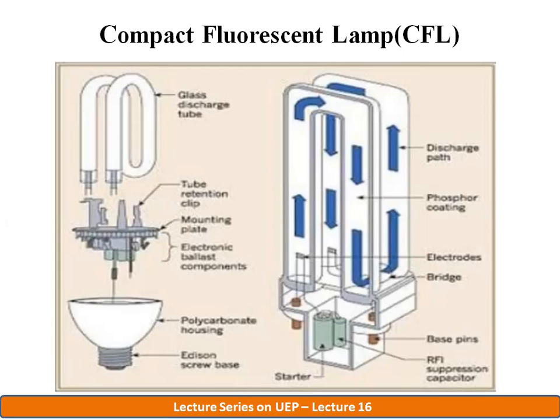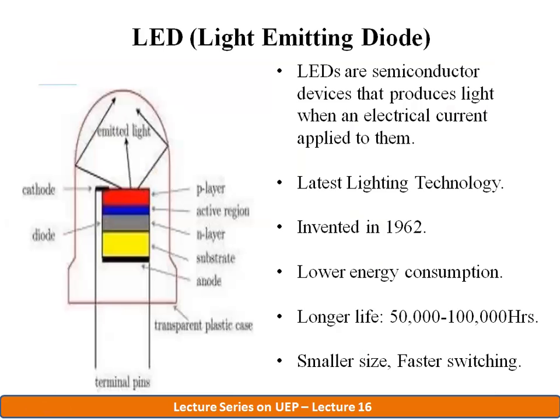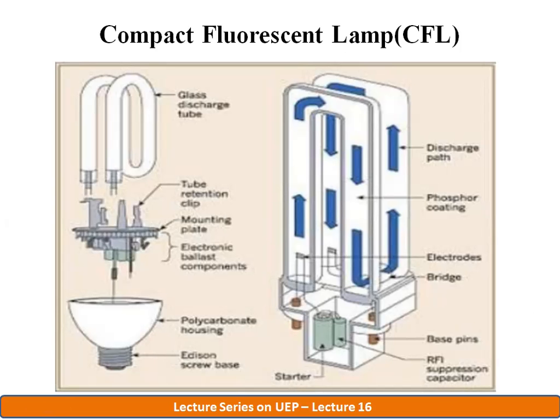This is the base plate pin, and this is the RFI suppressing capacitor. In this compact fluorescent lamp, magnetic hum noise is completely reduced, but it interferes with the communication channel. Its efficiency is high, about 50 to 60 lumens per watt, and its useful life is about 10,000 hours.